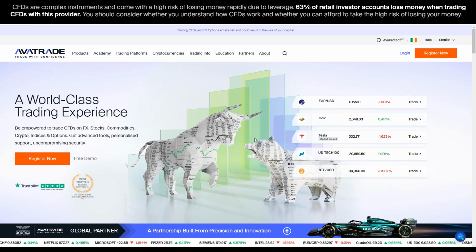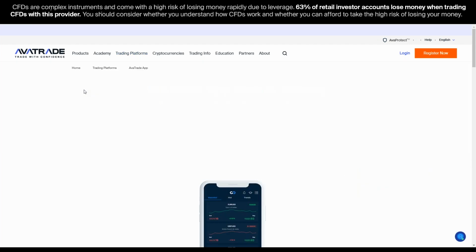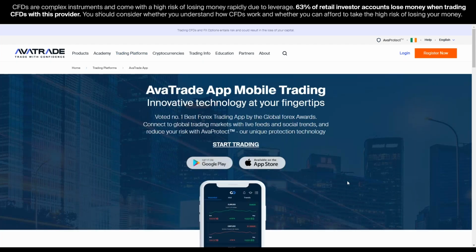Now, you can find the same trading tools that we're about to use in our web trader, the fundamental analysis tools, also in our app. And you could trade both on MT4 accounts and MT5 accounts on our web trader and our app using these tools. And so if you go to our trading platforms, you'll see that the AvaTrade app is available in the major app stores, Google Play, Apple App Store.